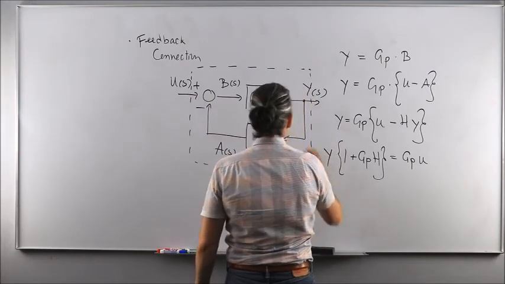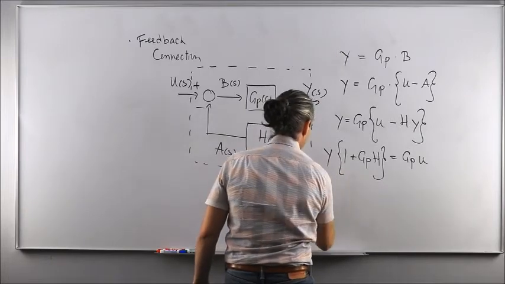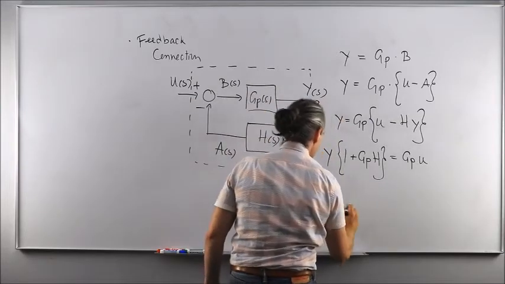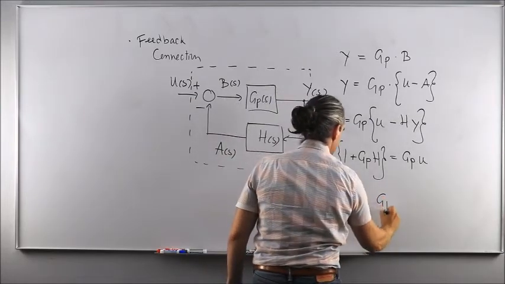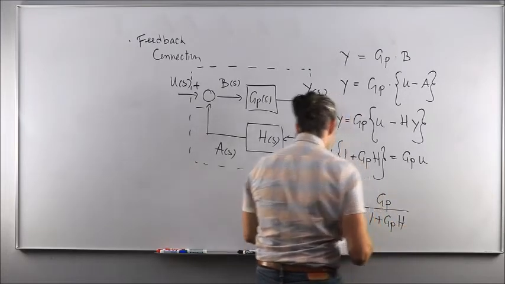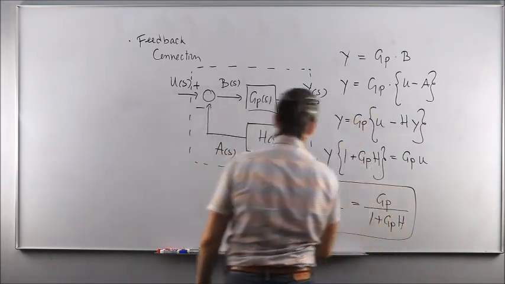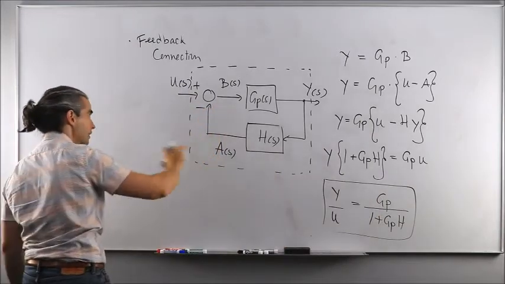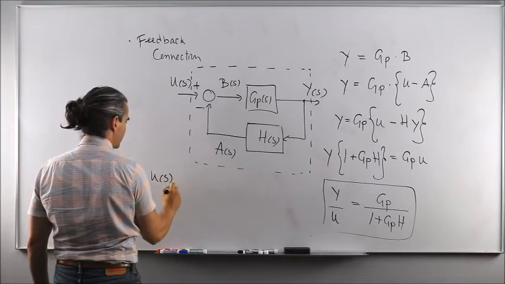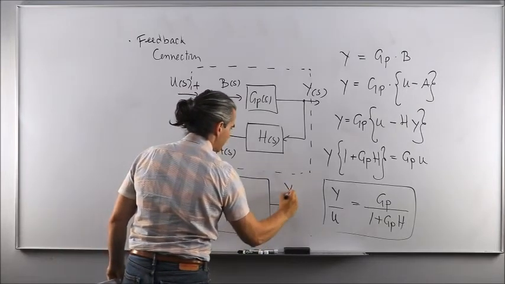Or if I want to solve for the net transfer function of everything, it means I'm looking for output y over input u, and therefore we write this as being gp over 1 plus gp times h. And this is actually the transfer function I was looking for, or in other words, how to replace this big feedback loop with a single transfer function that does the mapping between u and y.